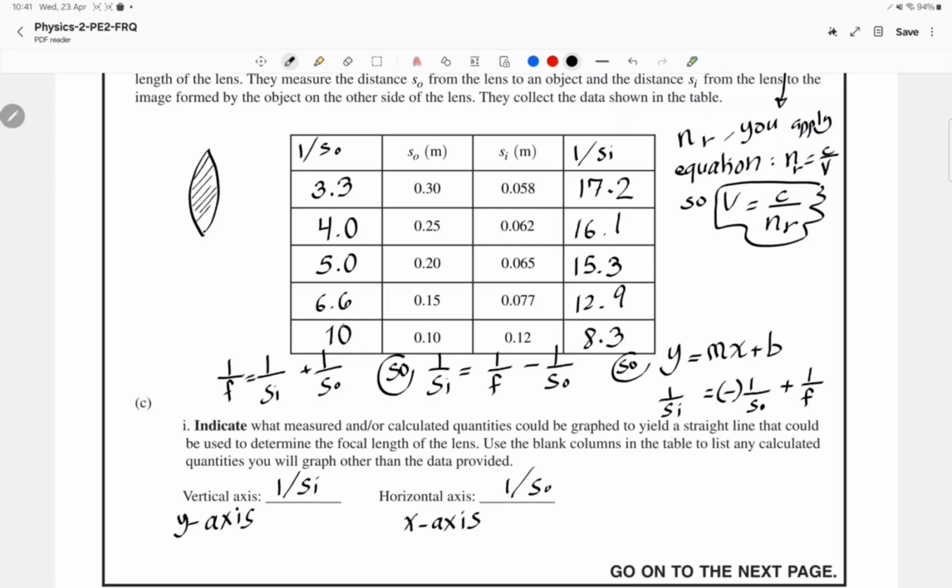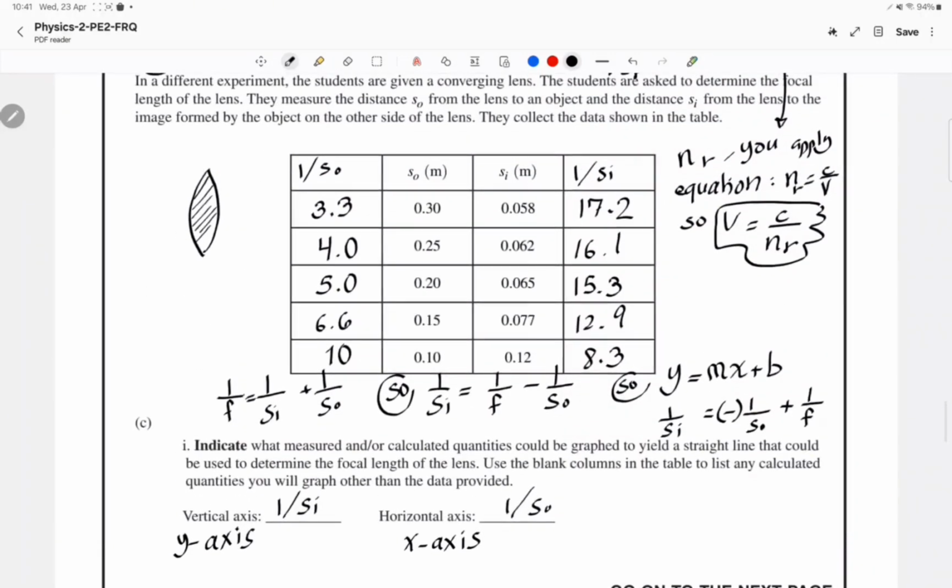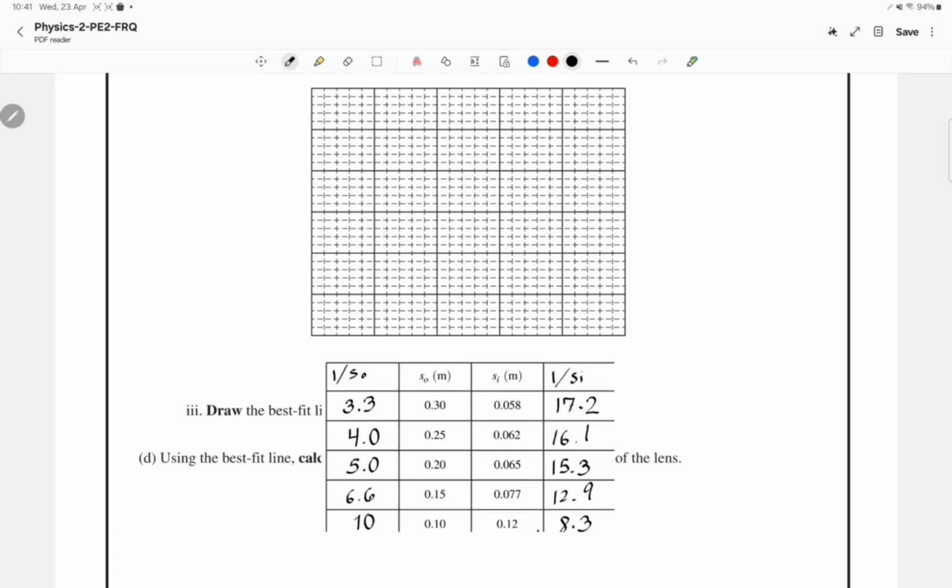So now we've got our variables, and now we can take them to plot in the next part. So let me go ahead and take our data. Okay, so now we have our data. We have the 1 over s_o on the x-axis.